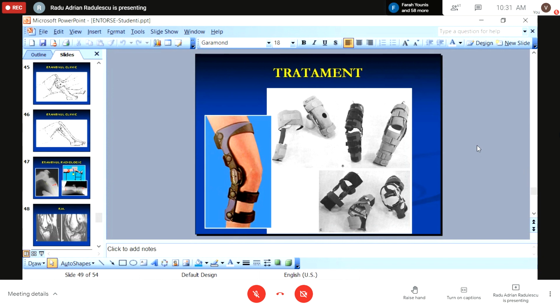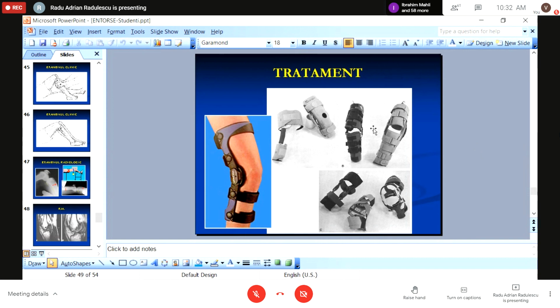And by strengthening this muscle and the extensor mechanism, probably 50% of these patients will be satisfied with the stability of their knee, I mean for everyday activities.